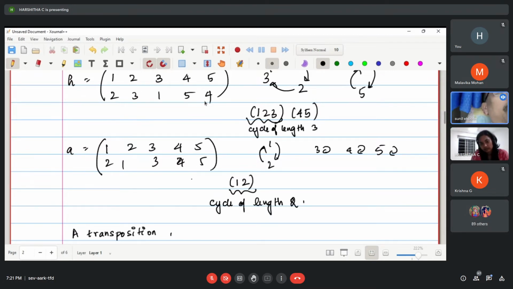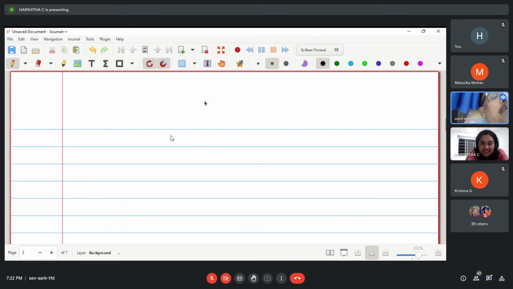If the length of the cycle is 0, then can the length of the cycle be 0? You mean there is nothing, but it is a permutation, no? 1 goes to 1, 2 goes to 2, 3 goes to 3, 4 goes to 4, and 5 goes to 5.